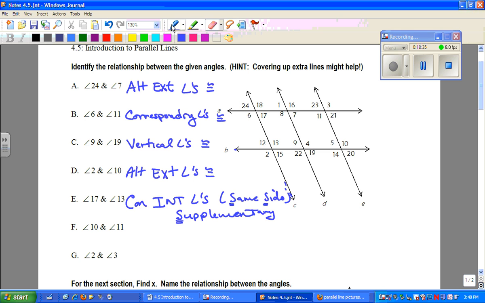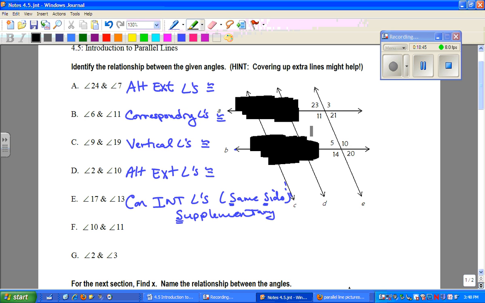All right. 10 and 11. Here's our parallel lines. Here's our transversal. 10 is here. 11 is here. Where are they? Inside or outside? Inside. Are they alternating or on the same side?